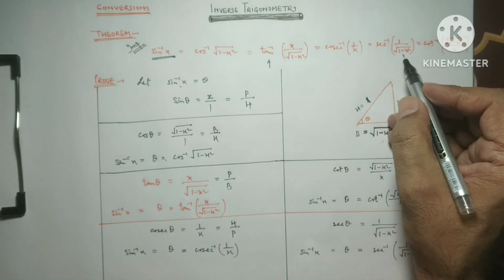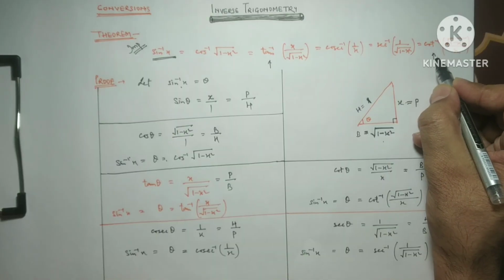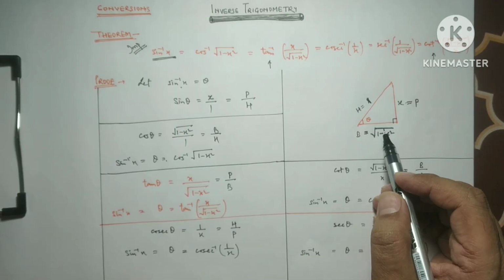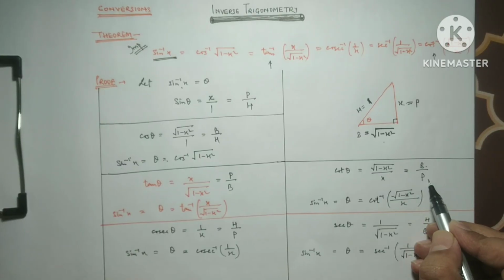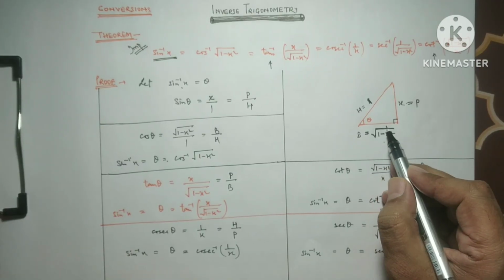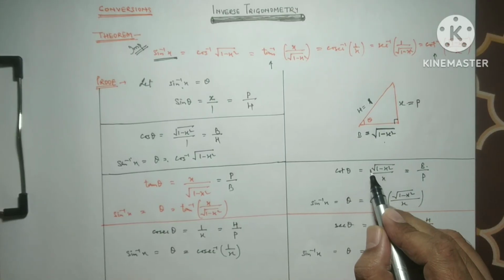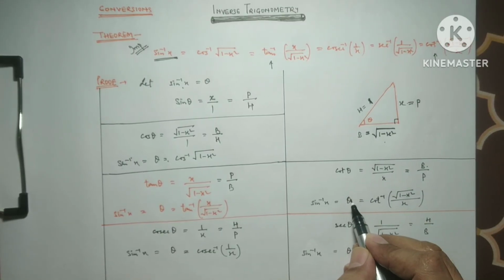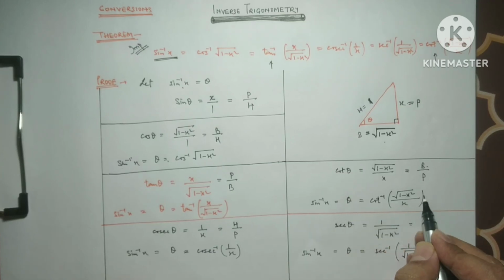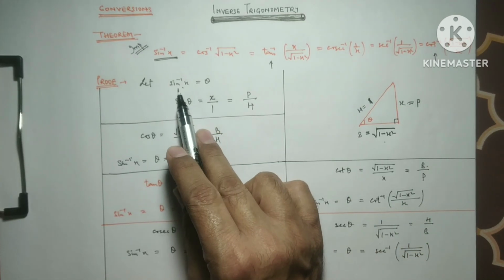But when we go for cot inverse, then we collect the value of cot theta. Cot theta is base over perpendicular. So base is under root 1 minus x square and perpendicular is x. So cot theta is under root of 1 minus x square divided by x. It means theta equals to cot inverse of this right hand side expression, and theta is again sine inverse x.